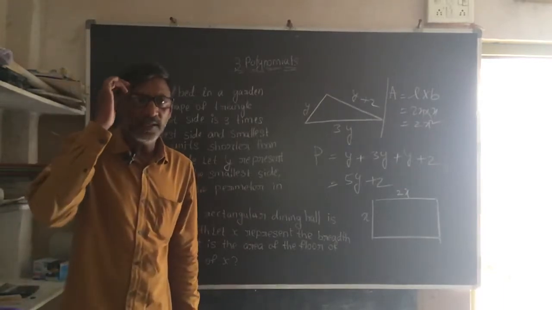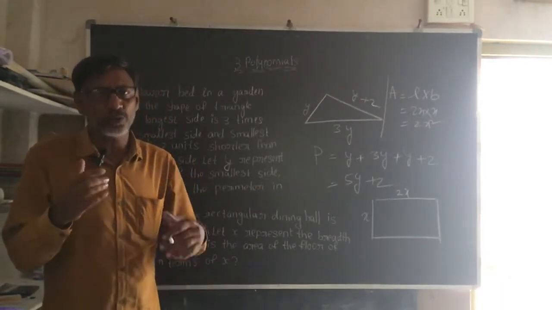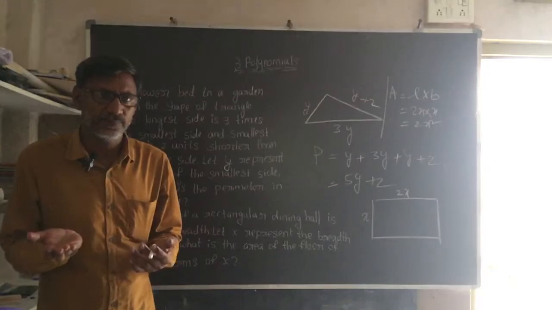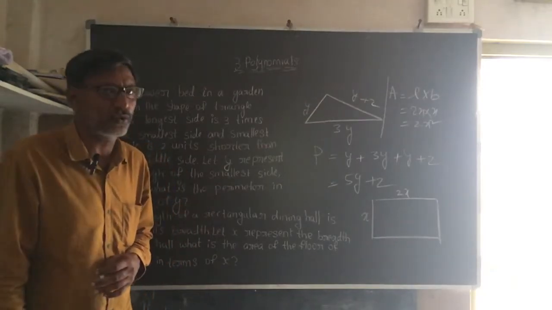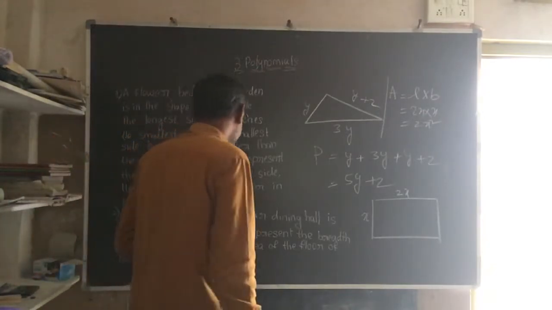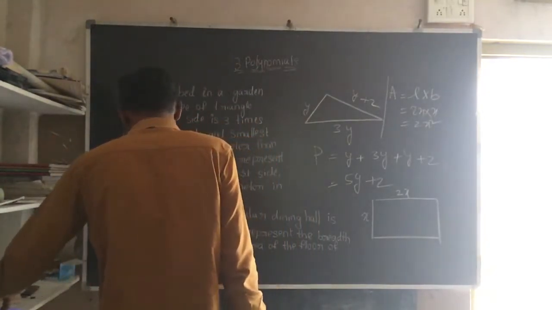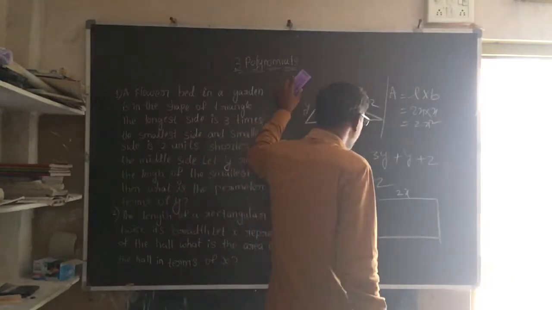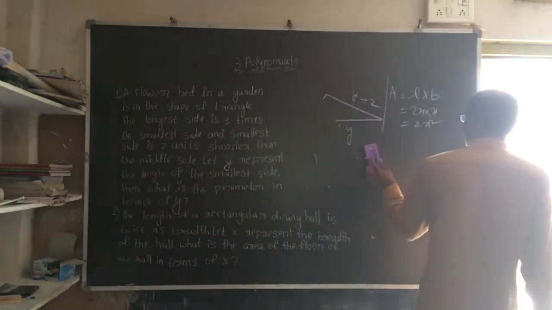Okay. In this way, we can write so many polynomials. I will give one more good example to understand how to write another polynomial. These are my polynomials, keep in mind.